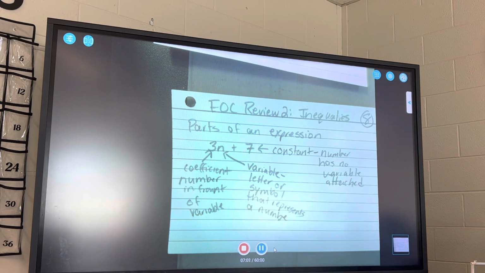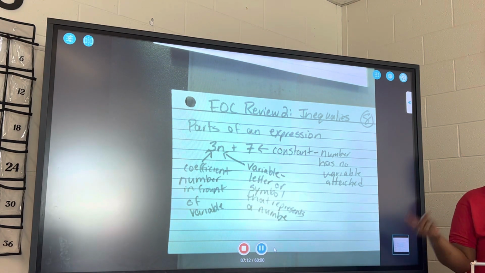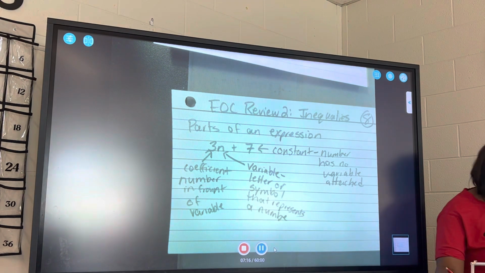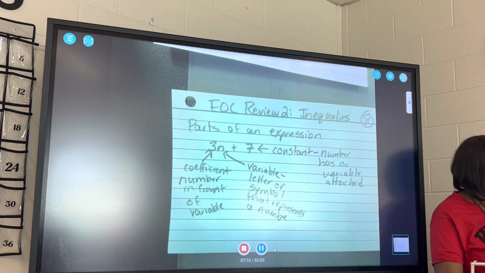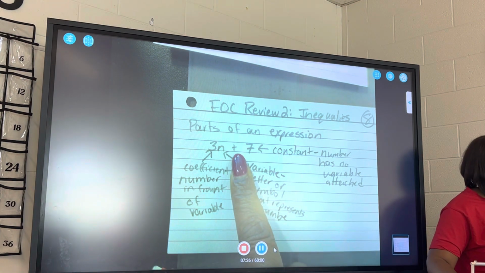Terms are separated by an addition or subtraction sign. So there are two terms here. 3n is a term and 7 is a term. Any questions? Terms are separated by an addition or subtraction sign. That's it.